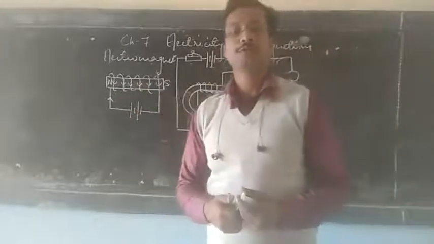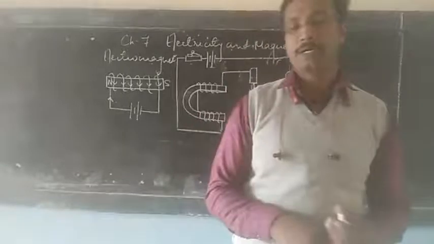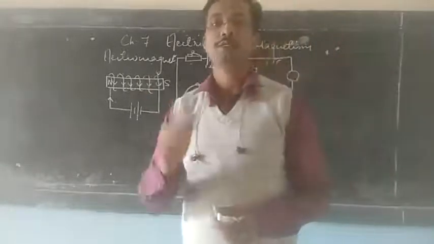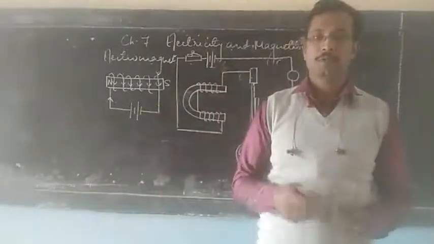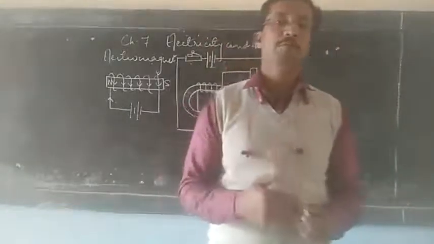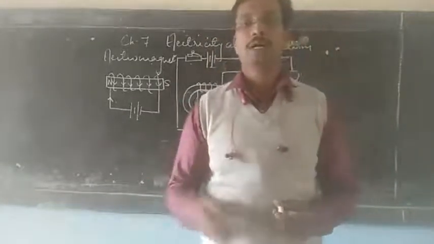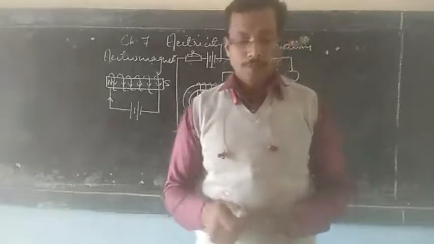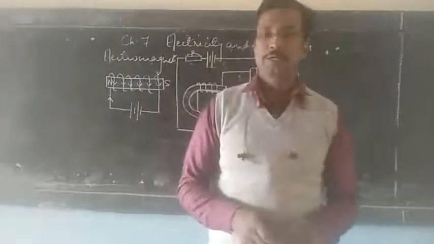Remember, the material to be used to make a permanent magnet should be either steel or alnico. Alnico, you should know, is an alloy made from aluminium, nickel and cobalt. This is about the electromagnet.